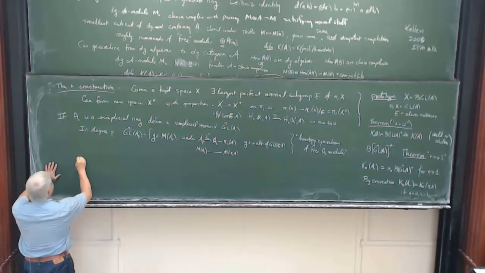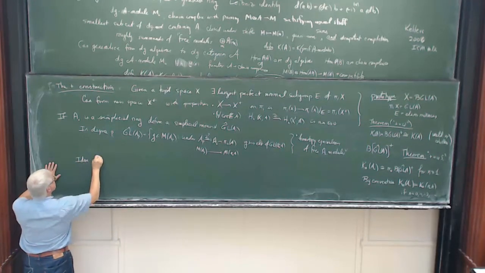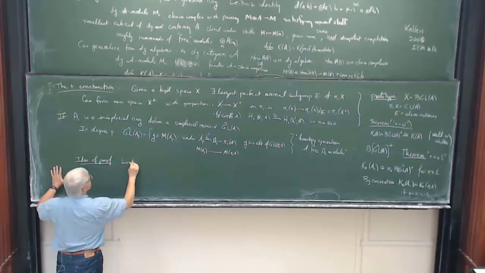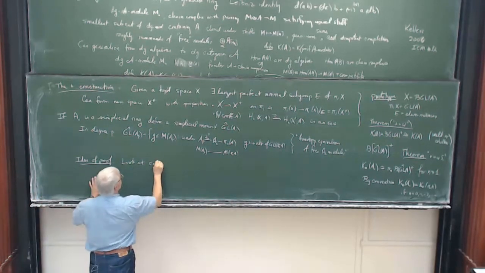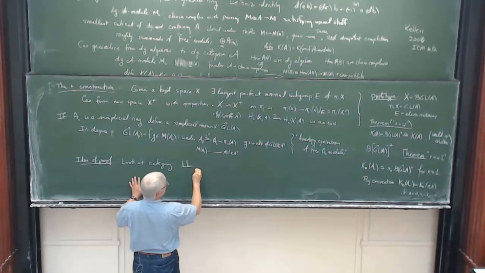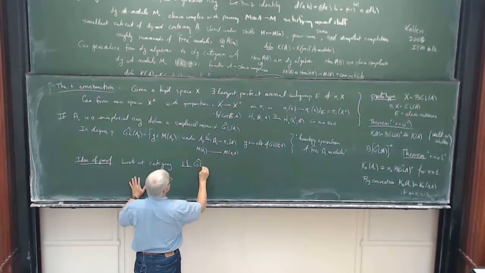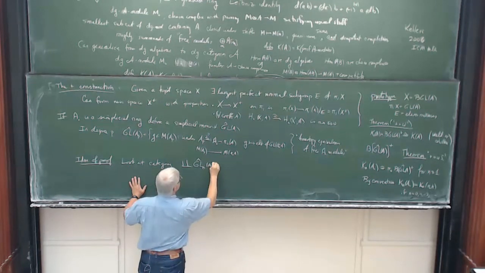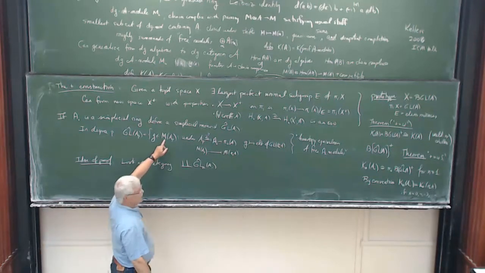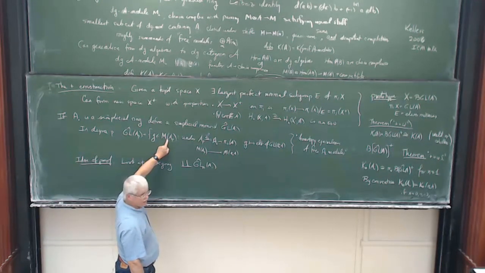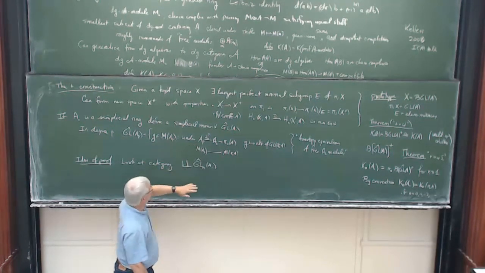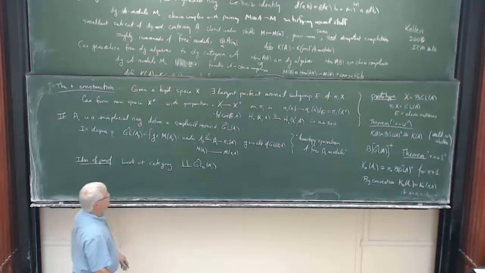So here's an idea of the proof. Here I was just talking about infinite matrices, but I could have put n by n matrices everywhere, and the entire definition would make perfectly good sense. So I can talk about GLN of A hat.